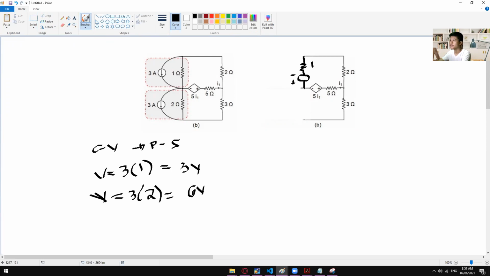This one is 1 ohm, and this one right here is now 3 volts. On the lower part, we now have the resistance which is 2 ohms, and then the voltage source which is now 6 volts. Polarity is positive, negative, and then 6 volts right here. So are we clear so far?